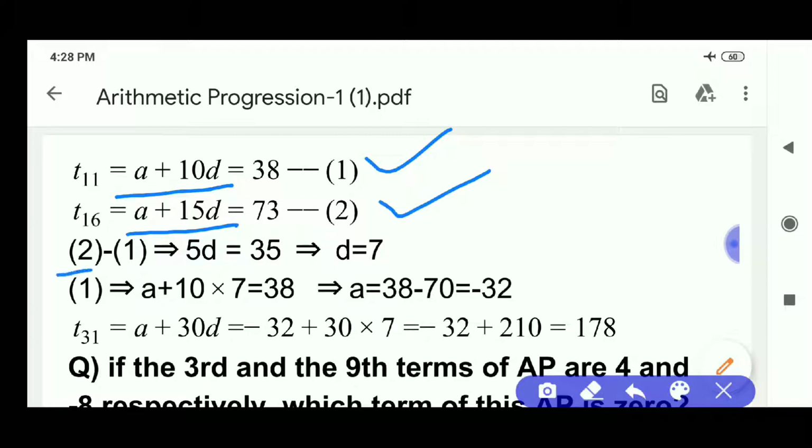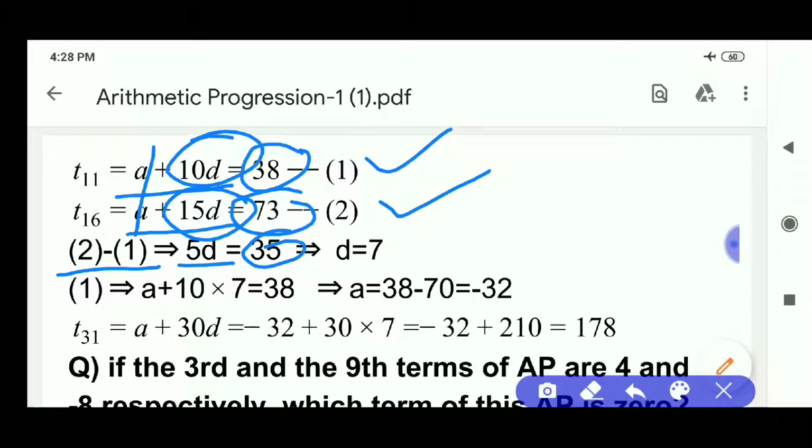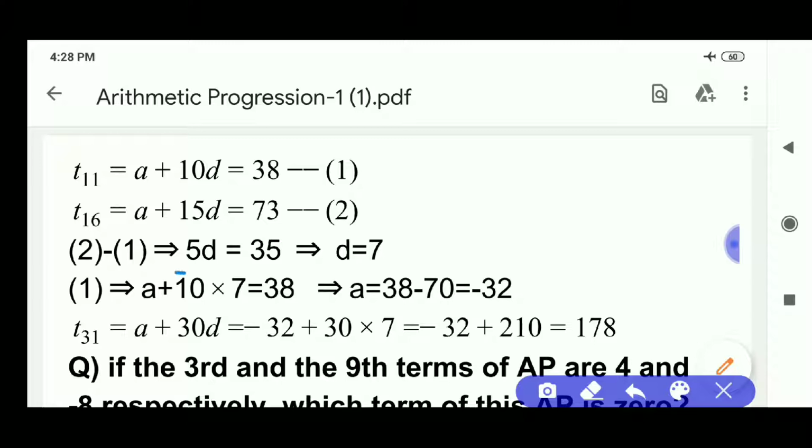Now second equation minus first equation. a will be cancelled. 15d minus 10d is 5d, and 73 minus 38 is 35. That means 5d is 35, so d is 7. We got the value of d. Now substitute the value of d in the first equation: a plus 10d, d is 7, is equal to 38.